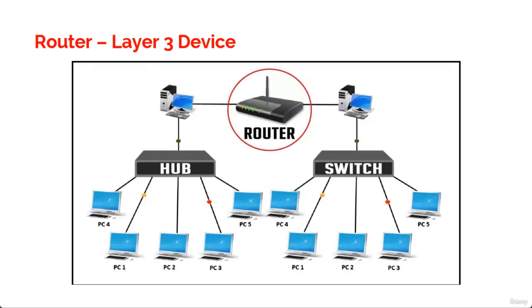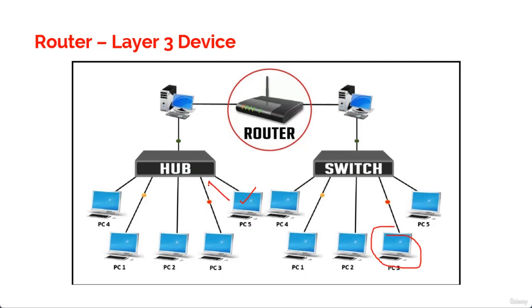Now, as you can see on the screen, there is a router which is used to connect two different network segments. I'll make use of the laser pointer here. So this is a router which is used to connect this network and this network. If this PC, PC5, wants to transfer data to, let's say, PC3, how will it go?